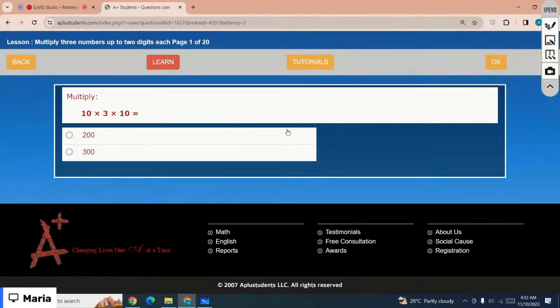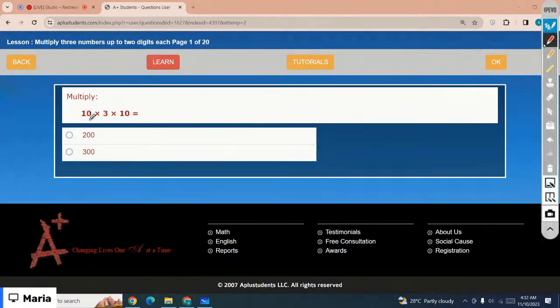So just make the pair starting with the first two numbers. Just do 10 times 3, right? And 10 times 3 is 30.